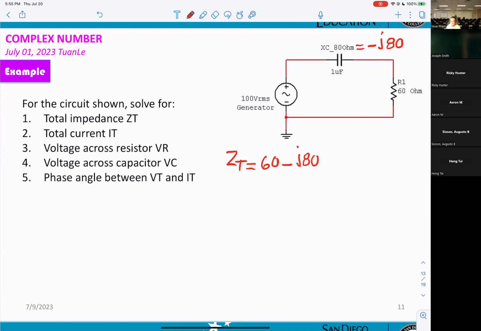Then convert it to the polar. So that would be 100.